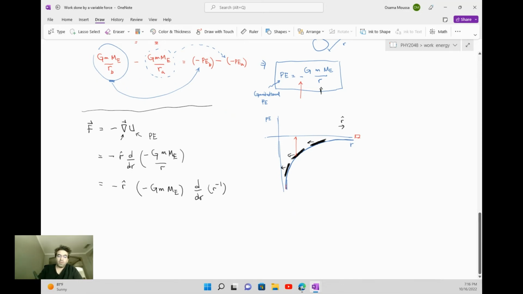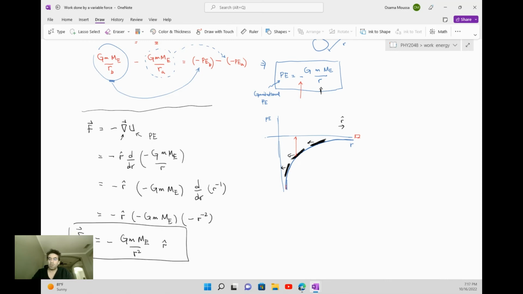So this is the negative of 1 over r squared. So I'm still hanging out with the r hat here with the negative, and I still have the negative G M M_E here, but then the derivative will give me negative r to the negative 2. So 3 negatives here, I'm left with 1 negative, and that's G M M_E over r squared in the direction of negative r hat, which is exactly what we started with, the force of gravity.